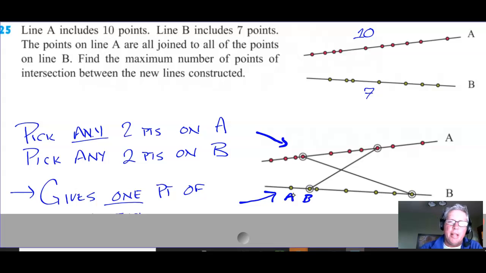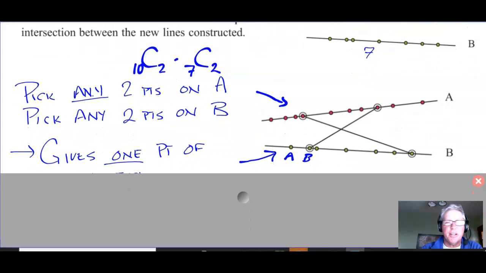So the bottom line here is I'm going to do 10 choose 2 times 7 choose 2. That should give me all the ways I can count, get a pair here and get a pair here, if I believe that that's the scenario that coughs up one point of intersection. If you don't believe it, you got to just draw a picture, see if there's another way to do it.